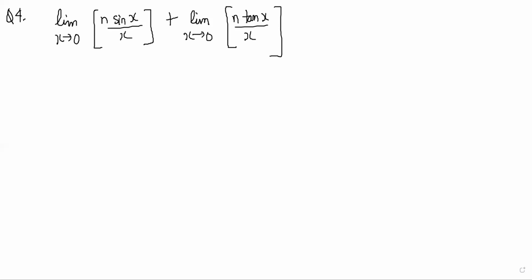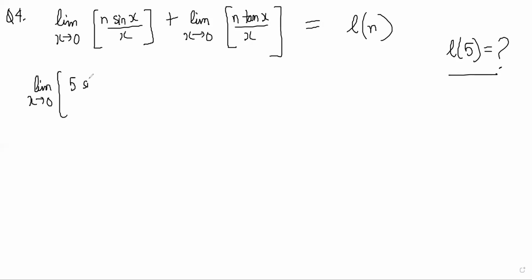The value of the limit is L of n, then L of 5 is what? He's saying that this is some function of n, and you're being asked to find L of 5. Okay, when n is equal to 5, the question is actually limit x tends to 0, 5 sin x by x, plus limit x tends to 0, 5 tan x by x.